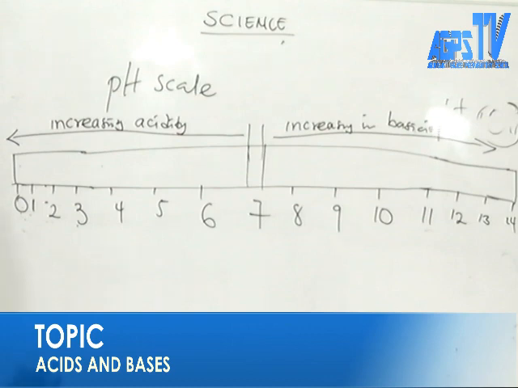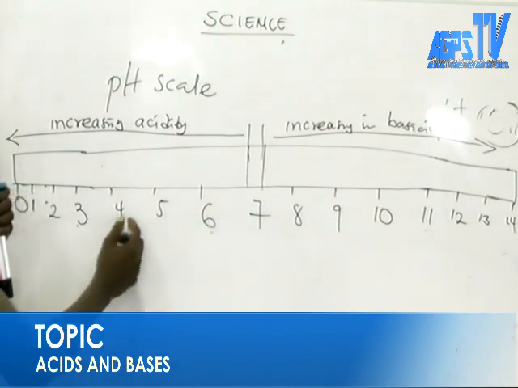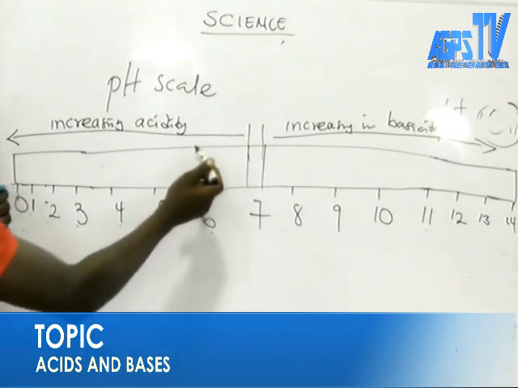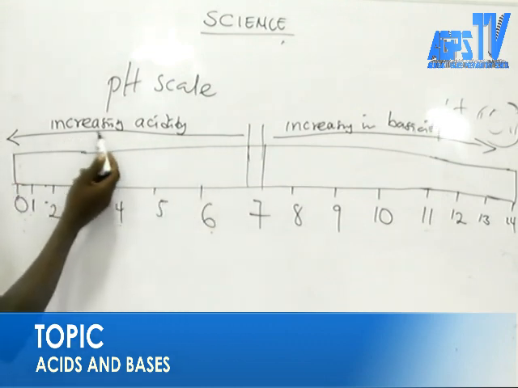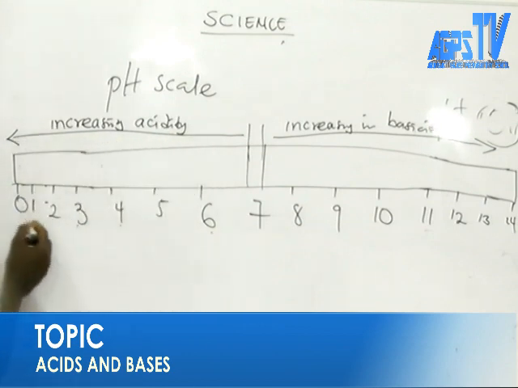Now, weak acid ranges from 4 to 6. So you can see the direction of the arrow, increasing in acidity. If it ranges between 0, 1, 2, and 3, that solution is a strong acid, very concentrated acid.